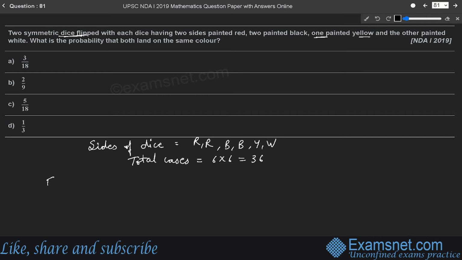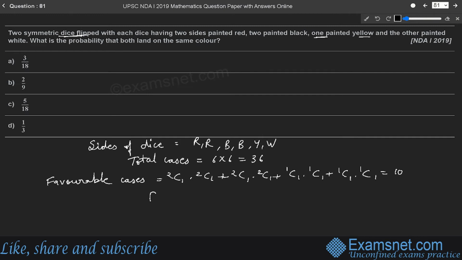And favorable cases according to the question are 2C1 into 2C1 plus 2C1 into 2C1 plus 1C1 into 1C1 plus 1C1 into 1C1, which is equal to 10.